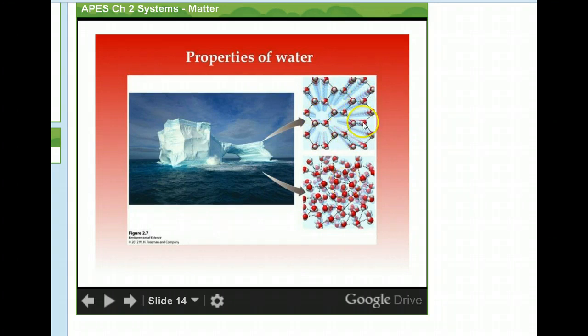So ice, being less dense, is able to float on the dense water. That helps a lot of animals live, because if it was the other way around, we wouldn't be able to have fish living in iced over ponds and animals living in the Arctic oceans. So it's a very, very, very cool property of water.